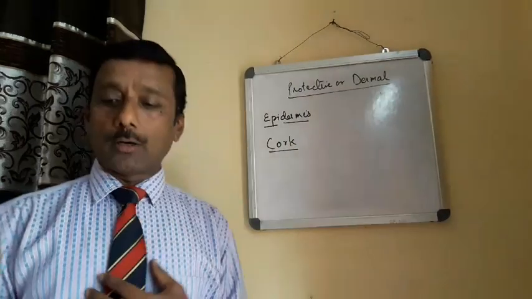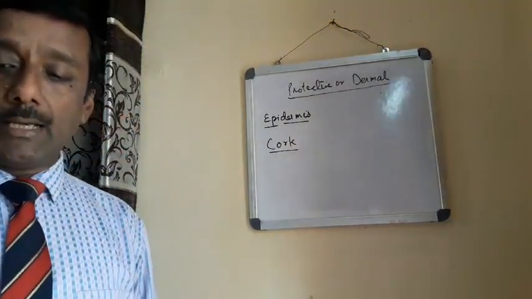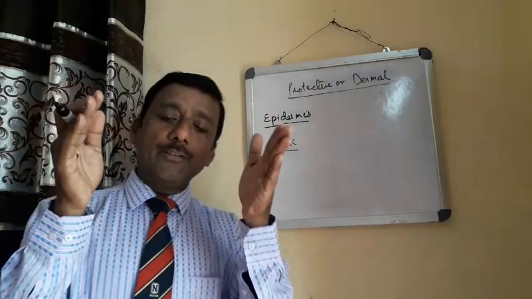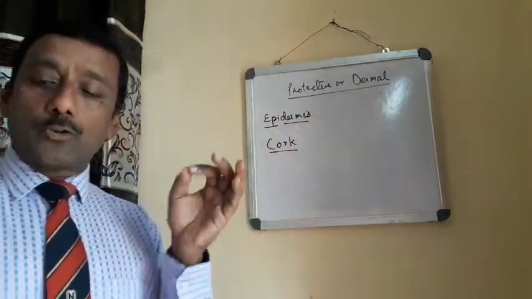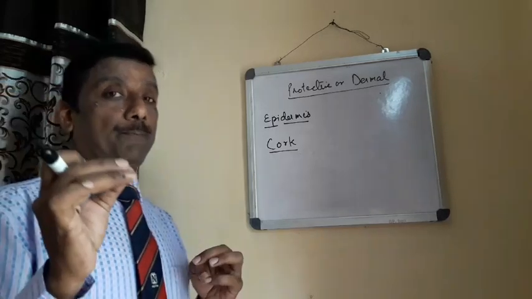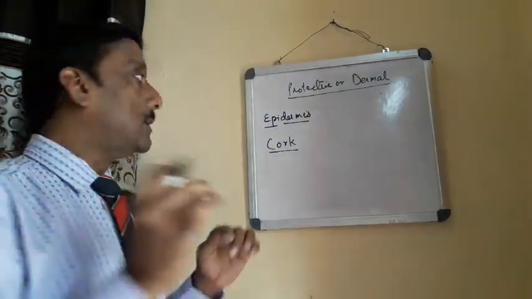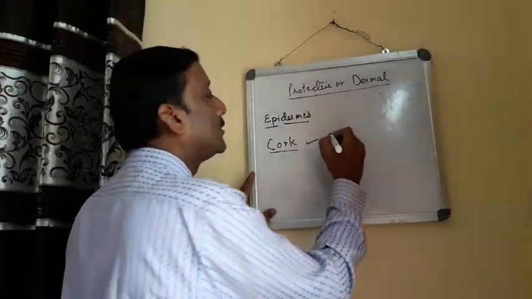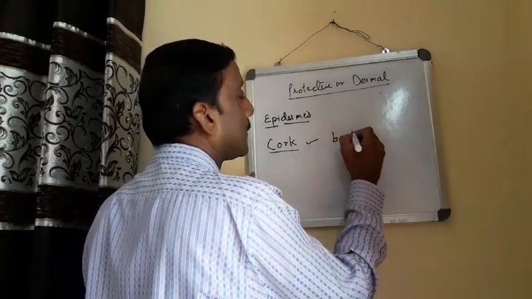Now what is a cork? That we need to understand. It is present in the bark of trees, in the outer covering, and it contains a strong waterproof material.